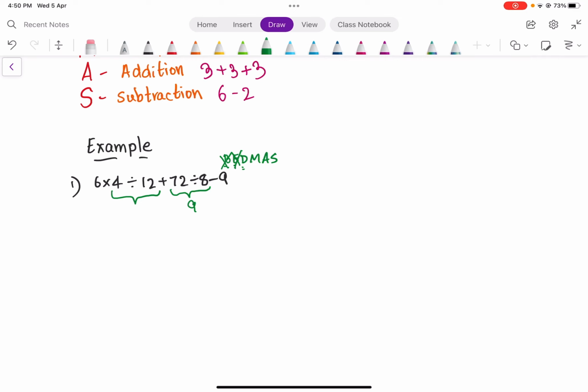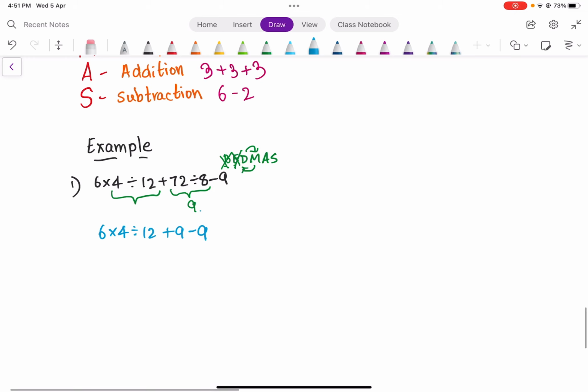But remember how multiplication and division are interchangeable? How about we do the multiplication first? So before I confuse you anymore, let's just rewrite the equation with our 72 divided by 8 replaced by our 9. 6 times 4 divided by 12 plus 9 minus 9.